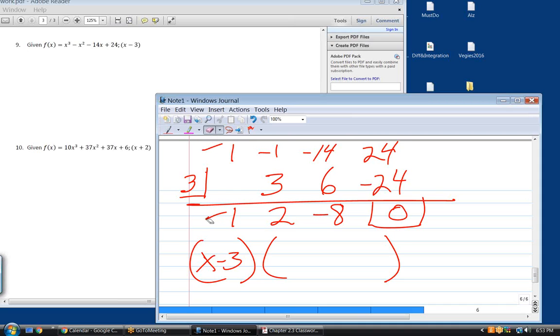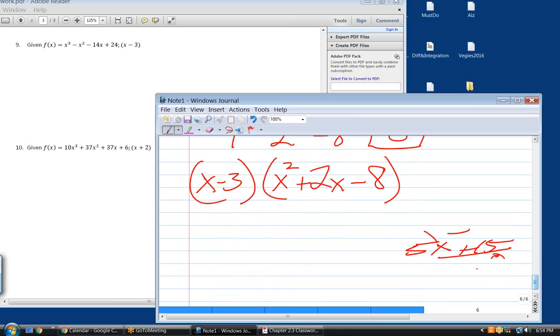It's x squared. In other words, this is the coefficient of the x squared. That's the coefficient of the x term, and that's the constant. Minus 8. Okay. So, in other words, x minus 3 is indeed a factor. The answer to A is yes, and the reason is because it produces a 0 remainder. And now fully factor it.